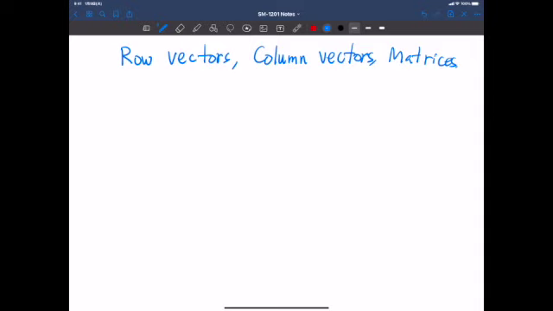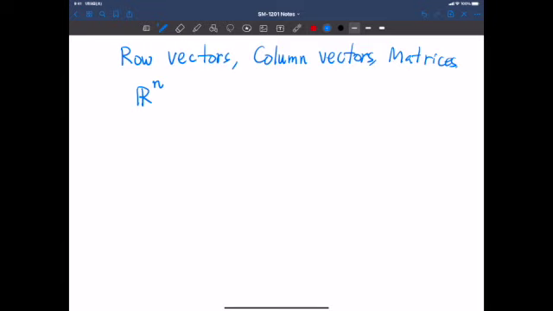So in general, if we want to consider arrows in n-dimensional space, the vectors are considered as an element of n-dimensional space.